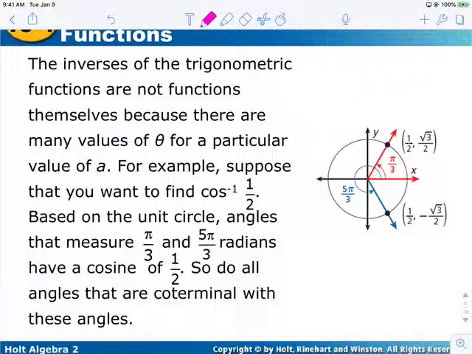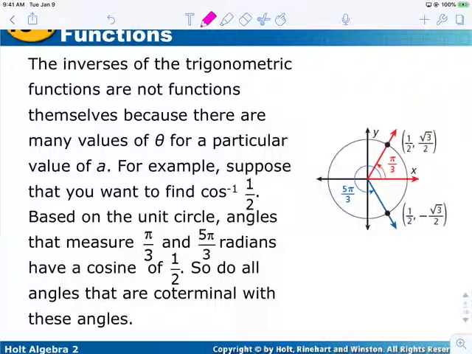Morgan, put it away and I want you to read it. Read it for us. The inverses of the trigonometry functions are not functions themselves because there are many values of theta for a particular value of A. For example, suppose that you want to find cosine inverse 1/2.